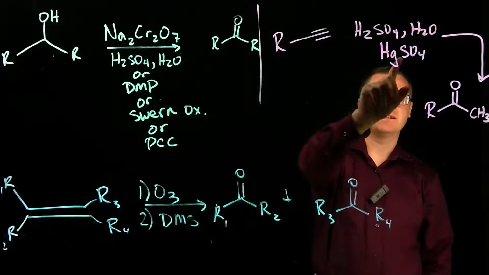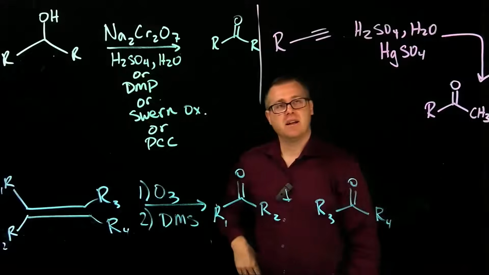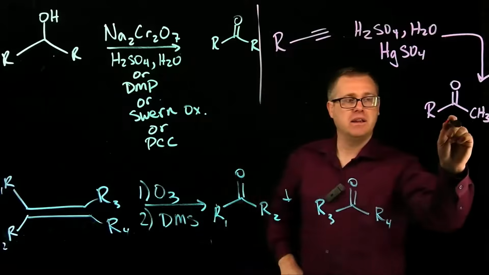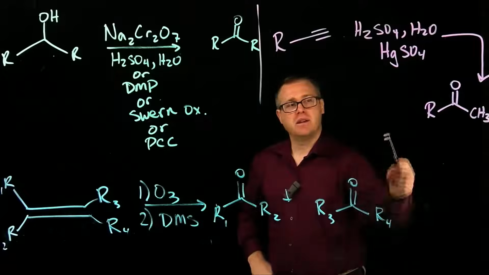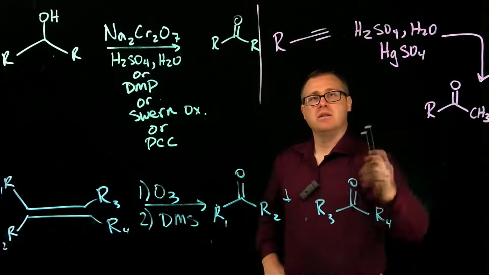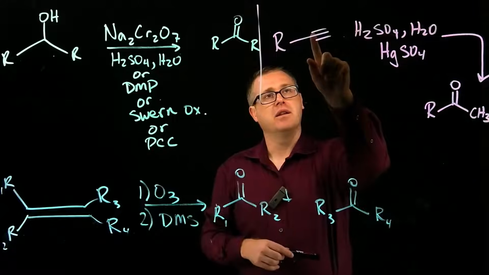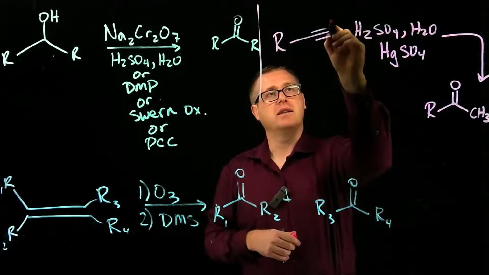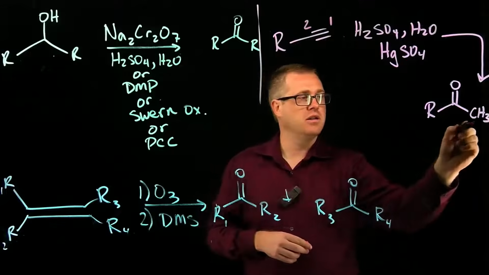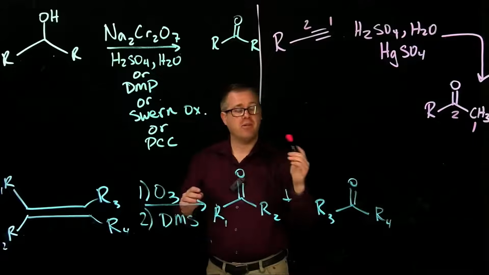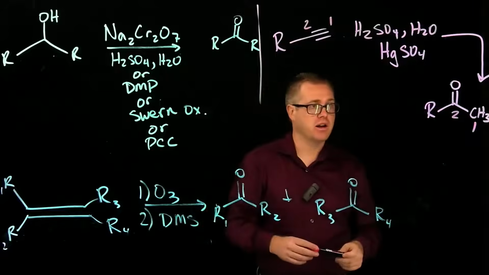Here's the acid, there's the catalyst, and it converts a terminal alkyne into a ketone. Now this reaction puts the oxygen atom on that carbon. So if that's carbon 1 and that's carbon 2, it puts it on carbon 2. And now we're seeing that this reaction follows the Markovnikov rule.